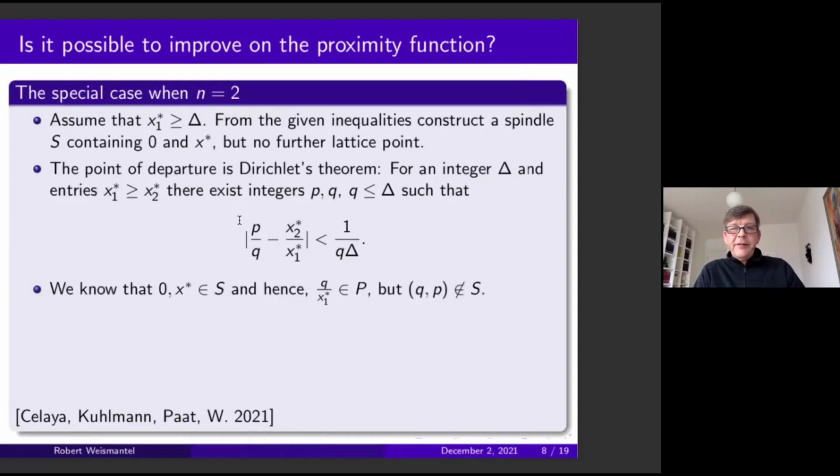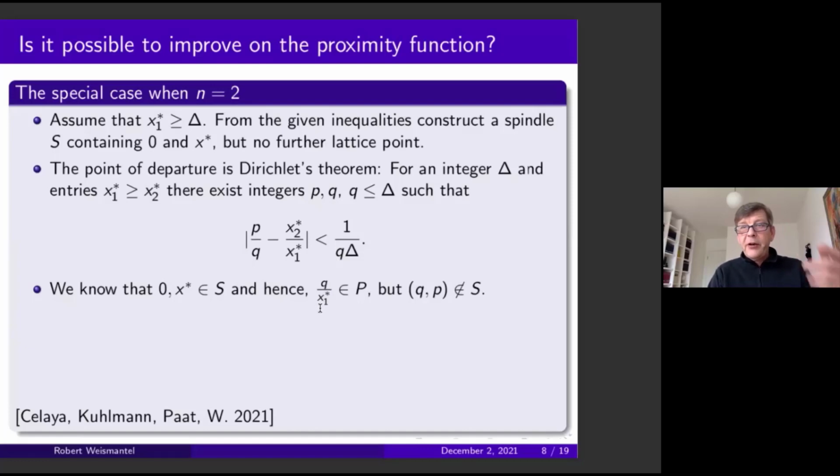Now with this, I claim we are essentially done. We take Dirichlet's theorem. In this spindle there is this LP point x star, and there's this integral point 0, and hence any convex combination of the two also has to be in the spindle. The scaling I would like to use is q divided by x1 star.